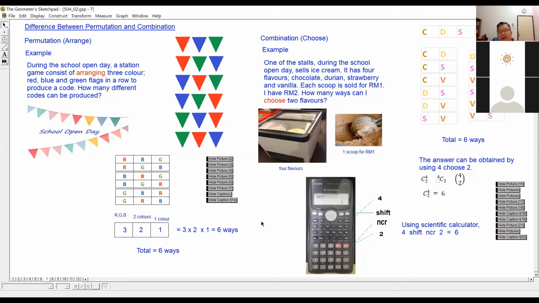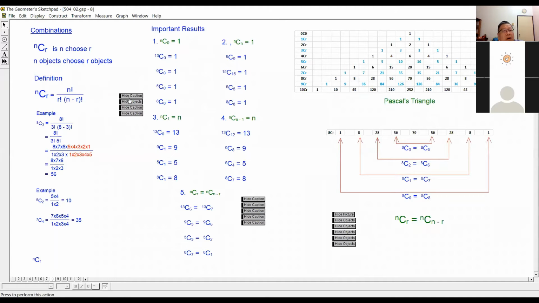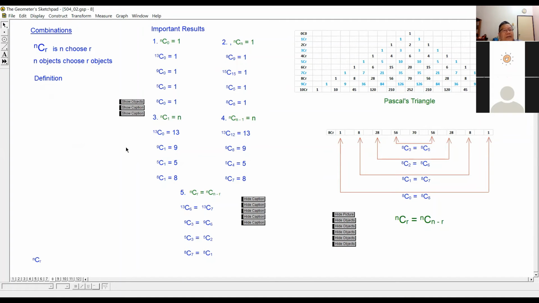Now what happens if you are not using a scientific calculator? Do you know how to calculate without one? Yes or no? If you don't know, then I have to show you how to calculate using a non-scientific calculator.